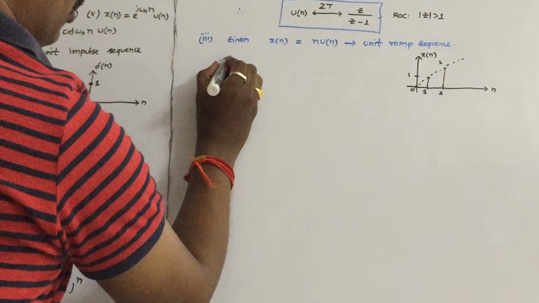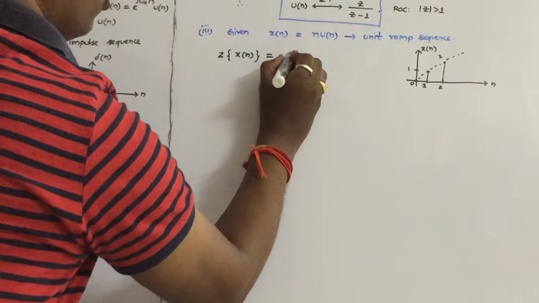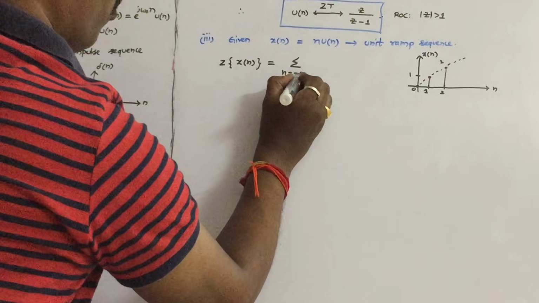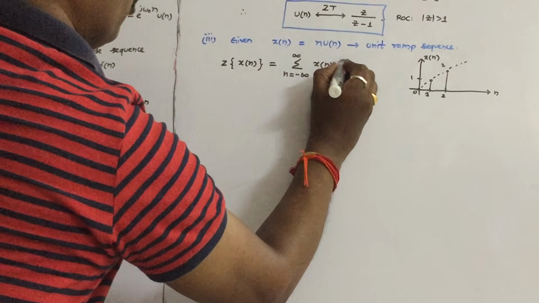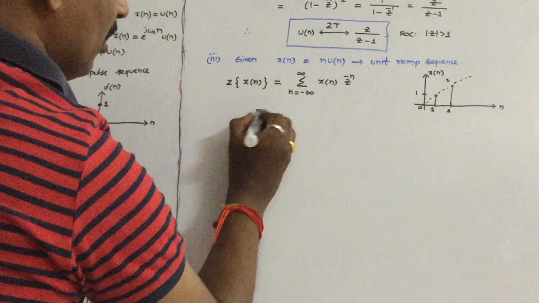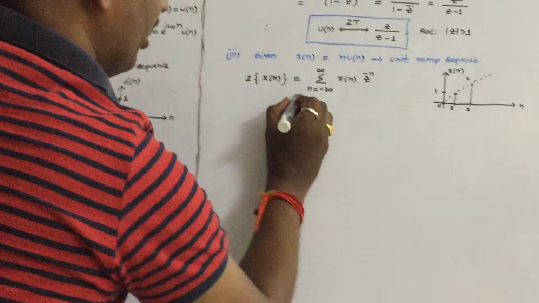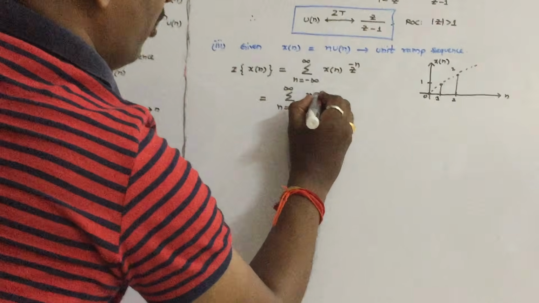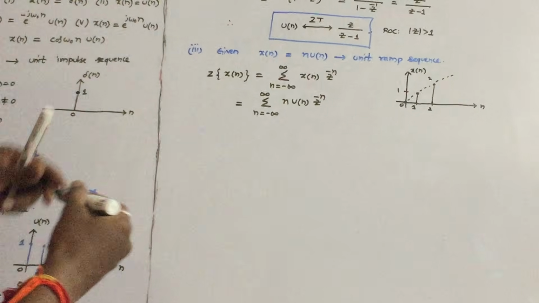First let us write the two-sided Z transform definition. The Z transform of x of n is equal to summation n is equal to minus infinity to infinity x of n into z power minus n. But what is x of n given? Summation n is equal to minus infinity to infinity n into u of n into z power minus n.